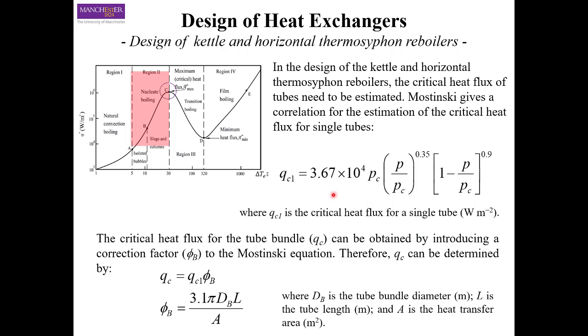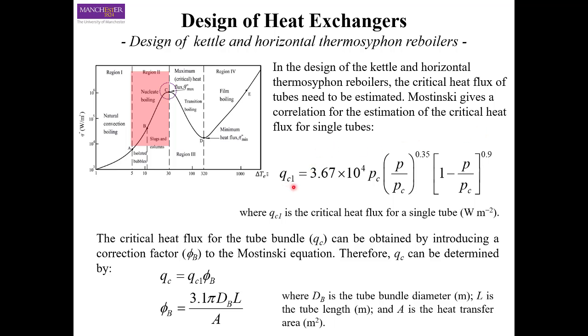So once you decide that you want to operate, let's say, at 50% of critical heat flux or 40% of critical heat flux, and you know the value of critical heat flux, you can calculate your actual operating heat flux of the boiler. So here we can use Mostinski's equation to estimate the critical heat flux for a single tube.